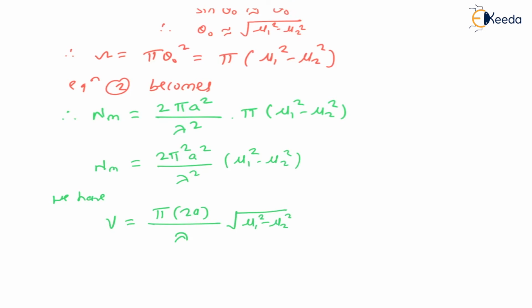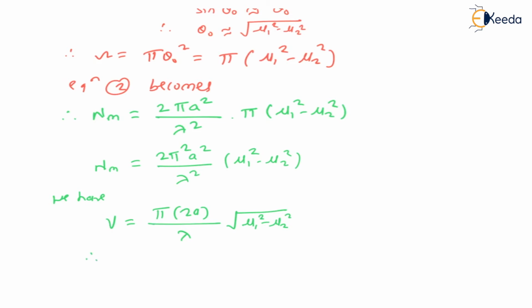Basically, the equation was pi d upon lambda. So again, we know what is meant by small d. It is twice a. So directly I have written V equal to pi into twice a divided by lambda into under root of mu1 square minus mu2 square.